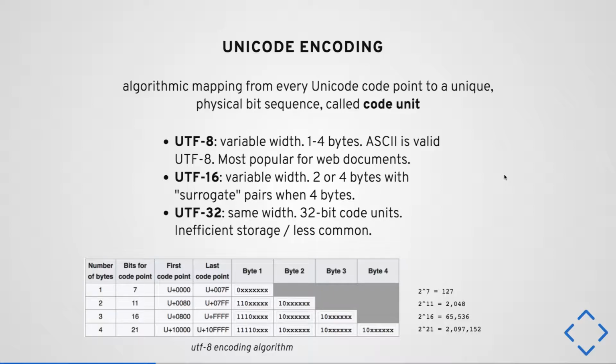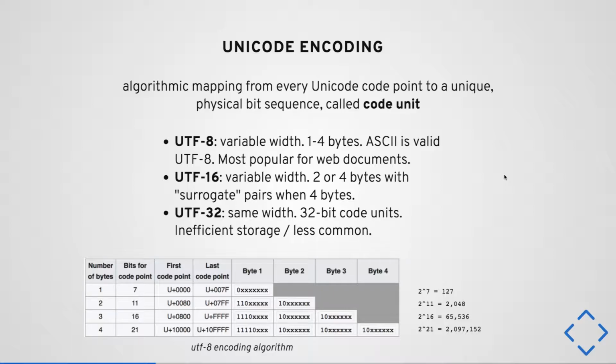If your byte 0 starts with 0, we're saying this is only a single byte character. This is basically your first 127, your ASCII characters. So UTF-8 is backwards compatible with ASCII. You get the gist.